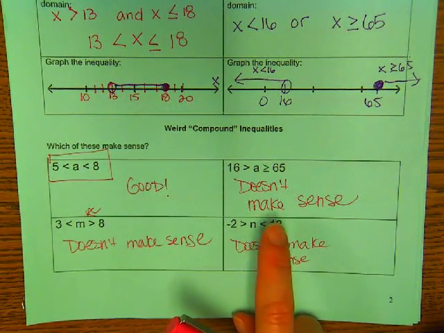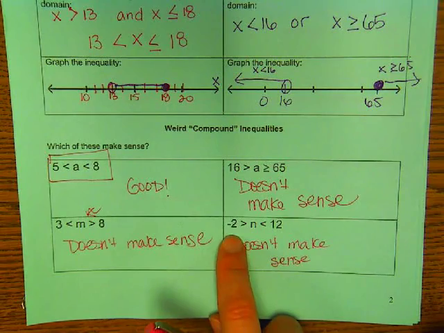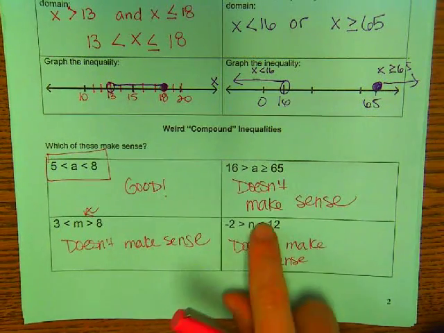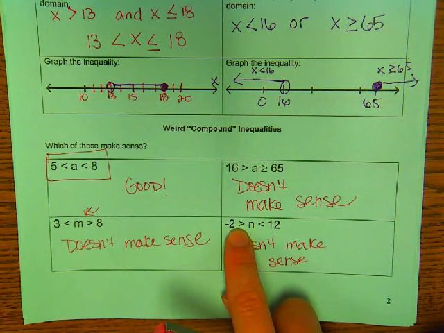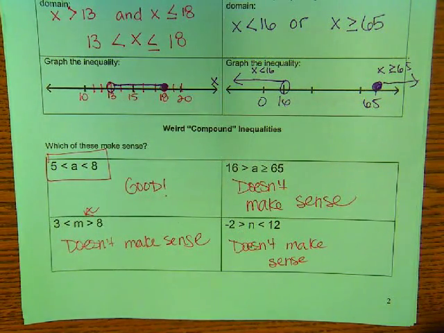But is everything that's less than 12 less than -2? Yes. Really? How about 5? Okay, are you seeing it now? Yeah.